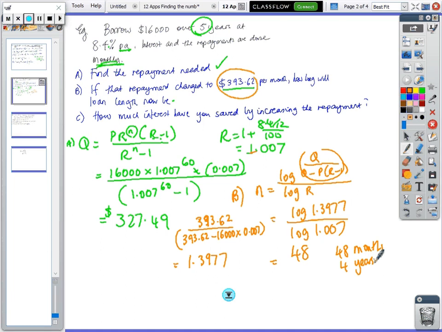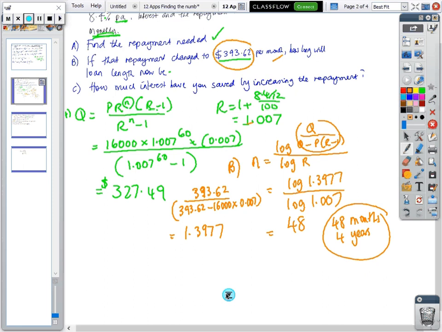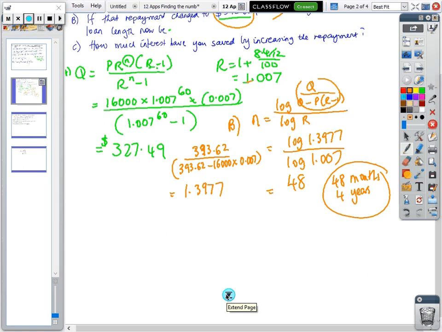Okay, so the question is, if the repayment changed to 393, how long will the loan length be? The answer is, it'll now change to 4 years. Okay, and so the last part is, how much interest have you saved?